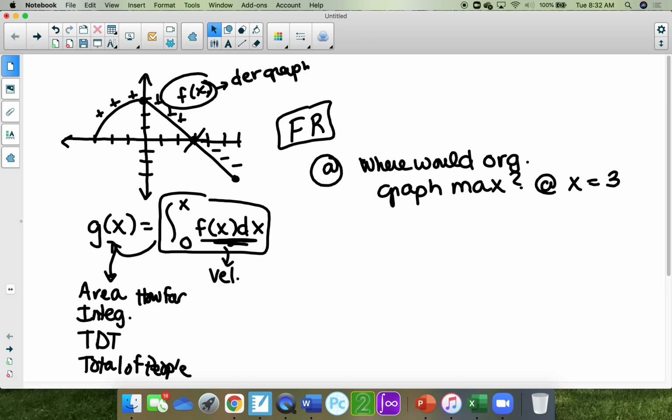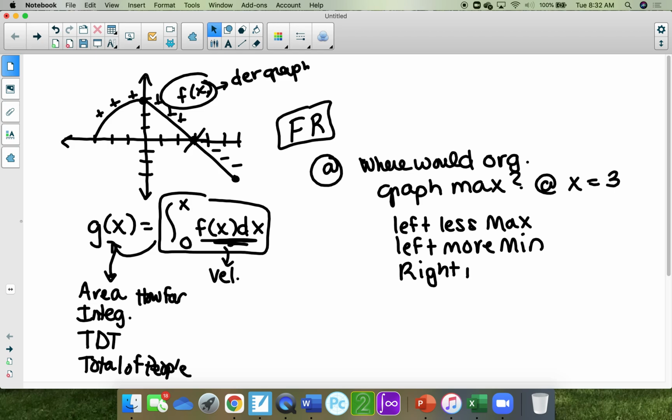And then you also should check your endpoints. Left is less, you have a max. If left is more, you have a min. If right is more, you have a min. And if right is less, you have a max.